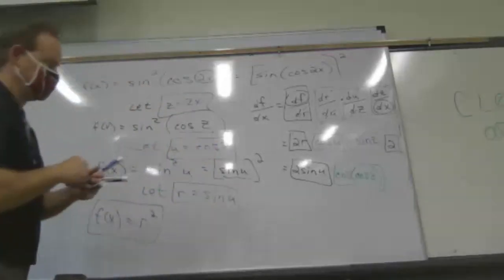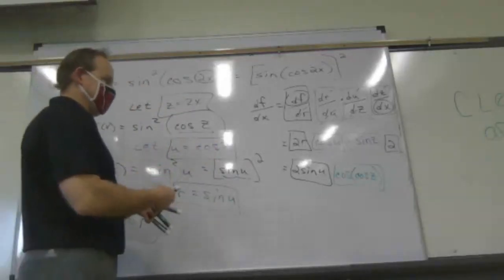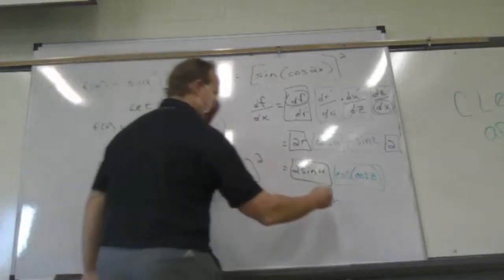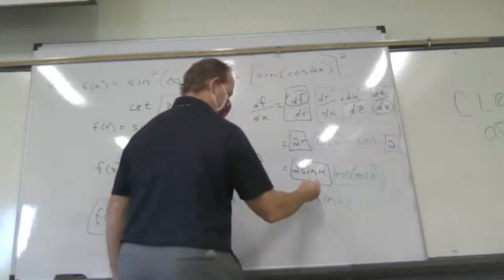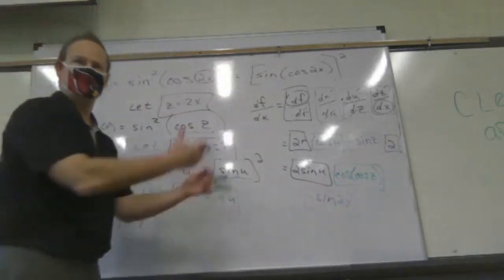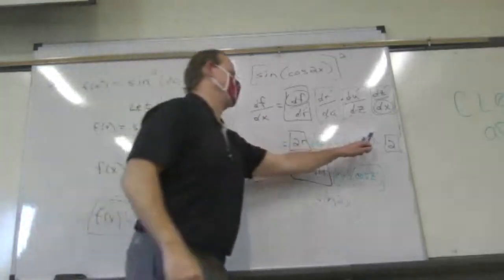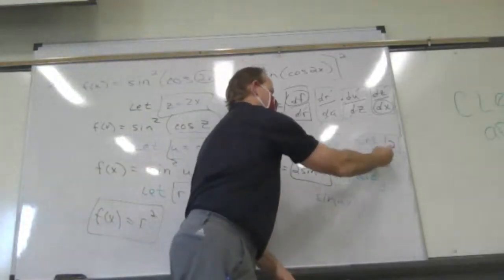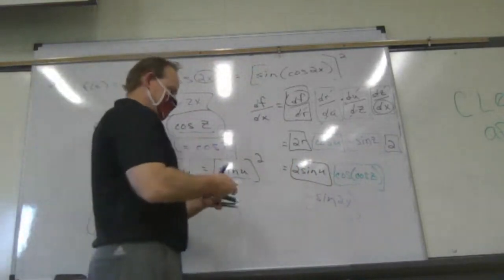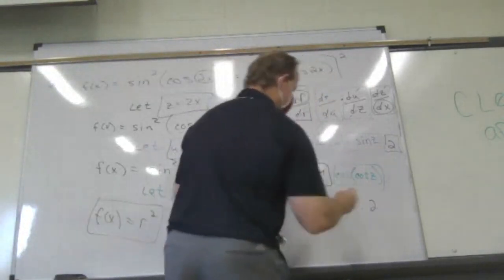What does the blue box become? Instead of negative sine z, it's times negative sine of what z? 2x, right? By the way, these are all multiplied, so this would be in parentheses. You're not subtracting it, you're multiplying it. I didn't show it here because I put a box around it, but really it's multiplication. So it's times that, and then times 2. That doesn't need to change the variable.